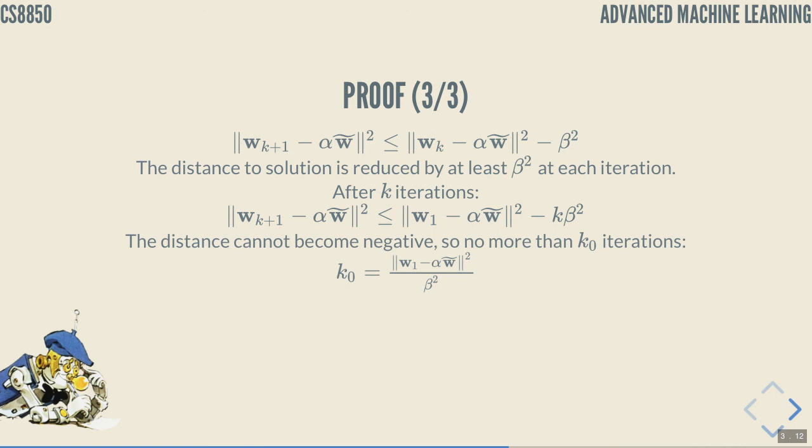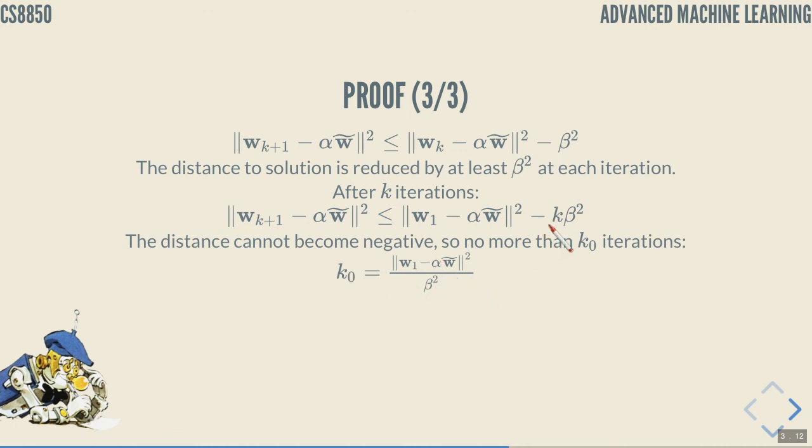So we can rewrite what k maximal number of iterations is. So we cannot do more than k0 iterations, and yes, k0 is just this ratio.